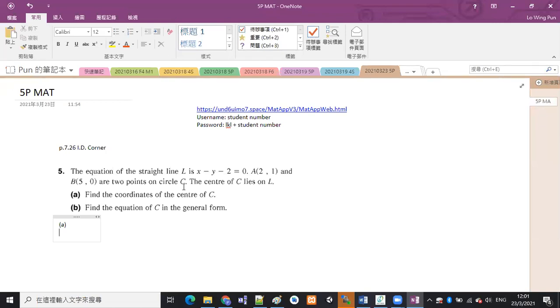And the center of C lies on L. The center of the circle C lies on the straight line L. Okay? And then find the coordinates of the center of C.